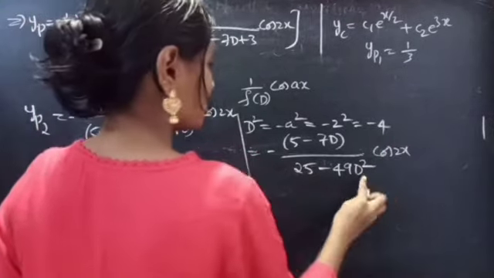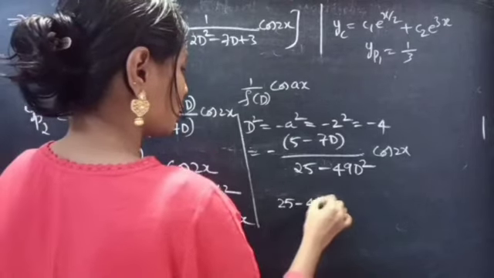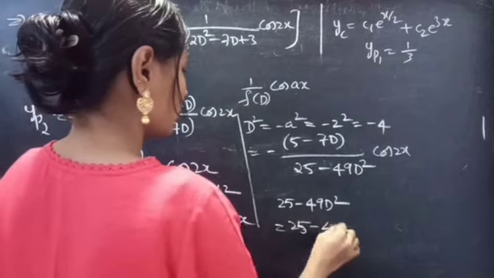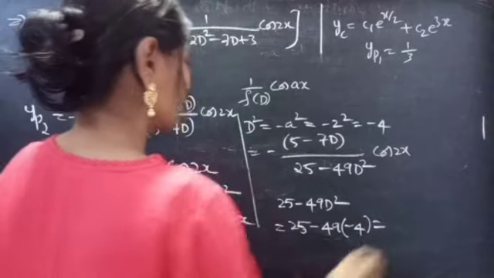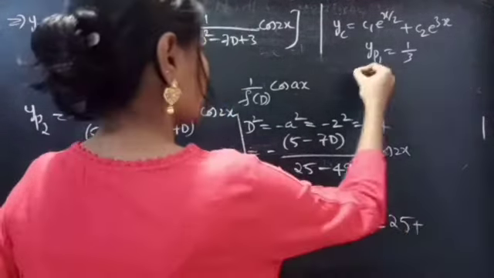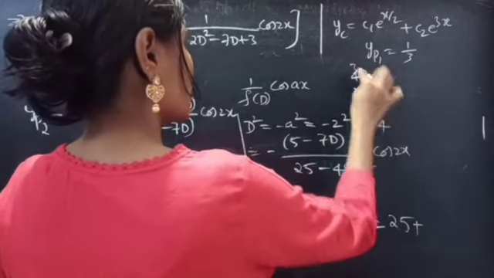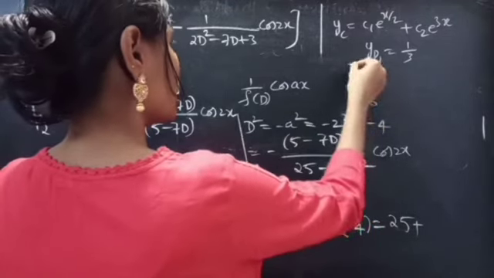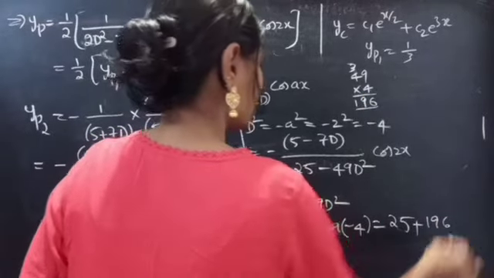Again, D square appears in the denominator, so let's see what happens by replacing D square in the denominator. The denominator must be non-zero, right? Replace D square by -4: 25 plus 49 into 4. 4 nines are 36, 4 fours are 16, 16 plus 3, 19, 196, right?